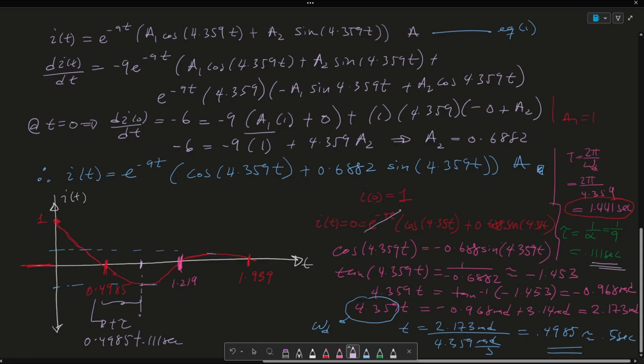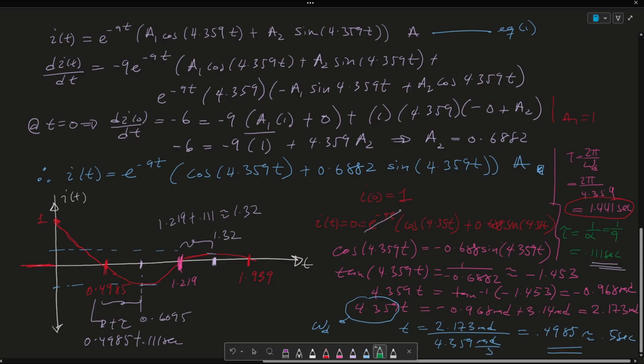And when you do the math on that, it's going to be 0.6095. And essentially the same thing for this maximum here. If we want to calculate this, it's going to be 1.219 plus tau, which is 0.111, which is approximately 1.32. So again, this here is 1.32.